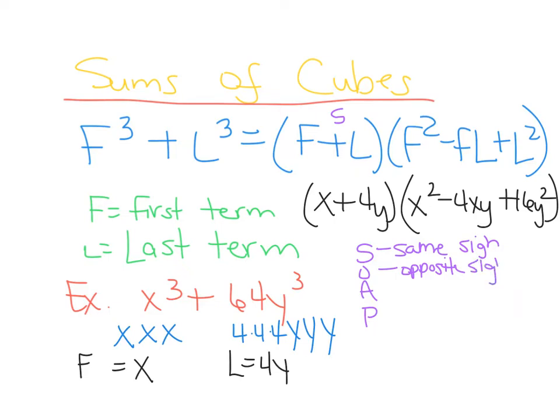So if you look in the second parentheses, right here, do you see how this is a minus? Opposite of the original operation, which was addition, so it becomes subtraction, so that's your opposite. And then AP actually goes together. That means always positive.